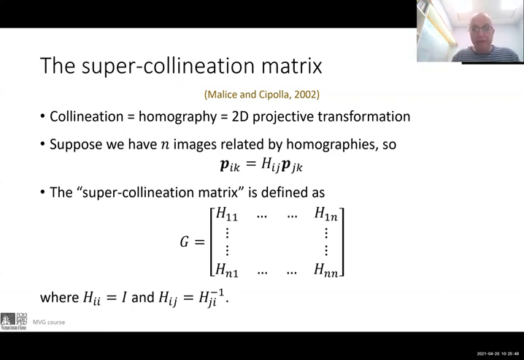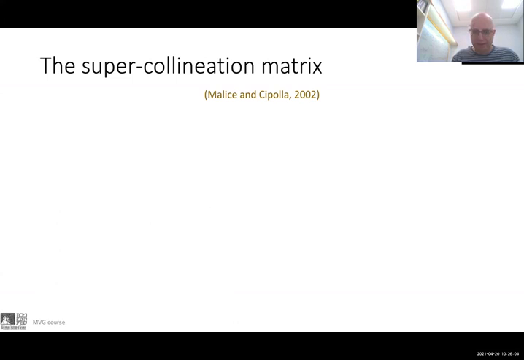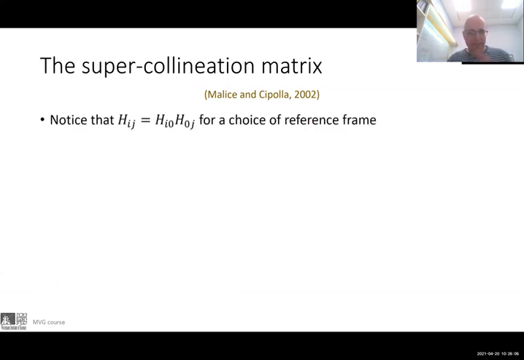Now we want to ask, what are the properties of G? To get the properties, we need to understand what Hij is and how they are related to each other. The idea is the following. We can take any global reference and write the following equation: H0 will mark the global projective coordinate system.